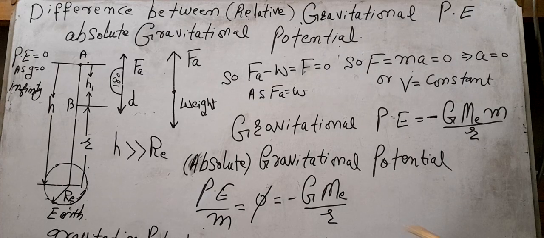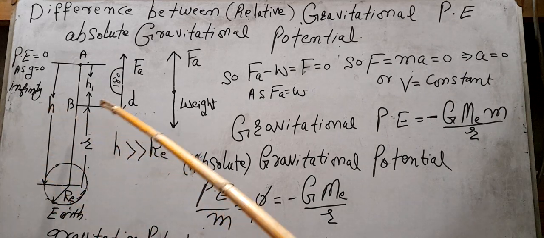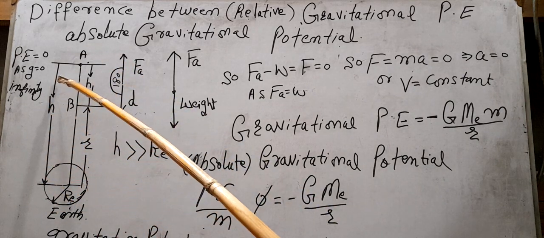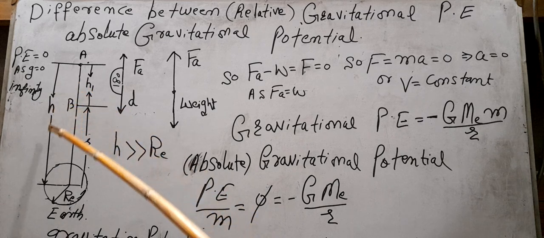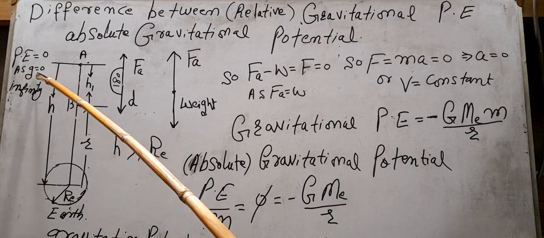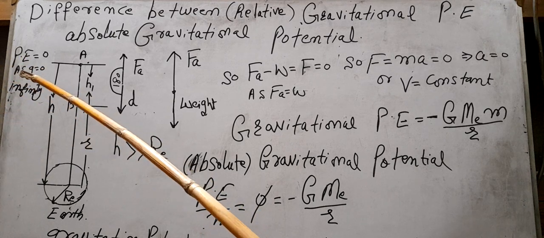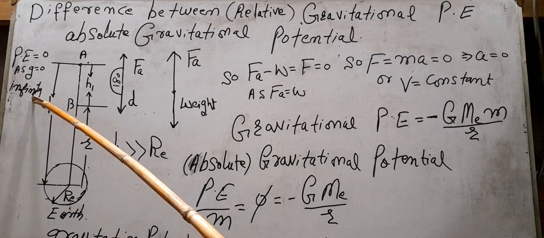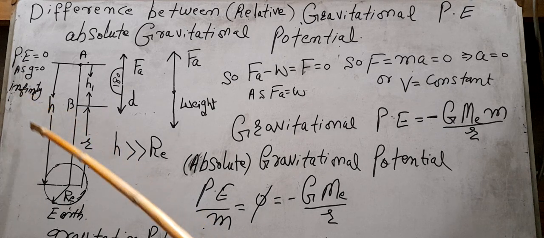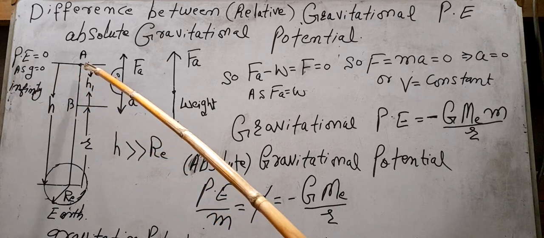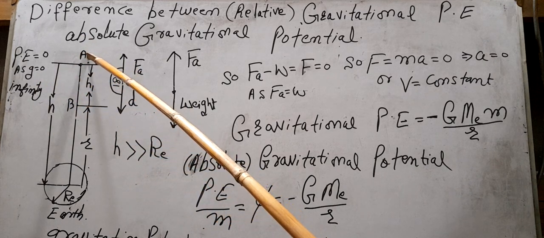Let us consider a body which is lying at a very large distance from the center of the earth, where the earth's gravitational field becomes 0, or the value of small g becomes 0, and we say that this body is at an infinitely large distance from the center of the earth. It is point A.